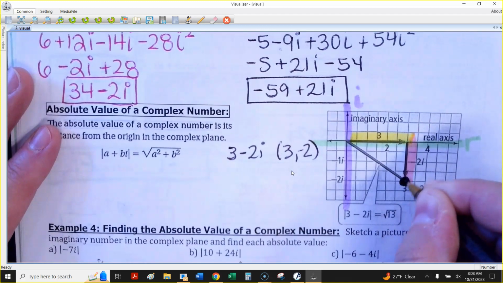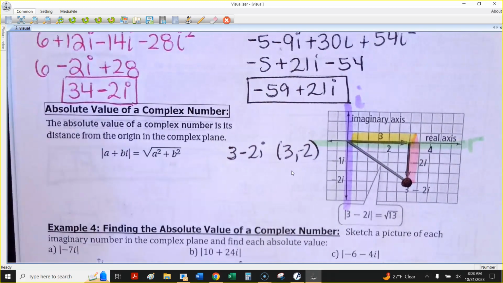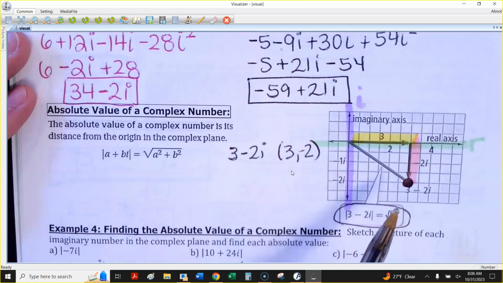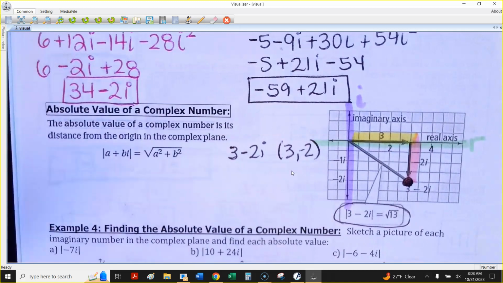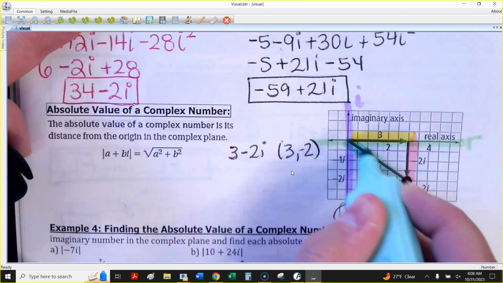So that is the point. Now, if you are asked for the absolute value, you'll see a question, and this one actually gives it to you. I just want to show you where they got it from. The absolute value is the length of that segment that connects the origin to that point.